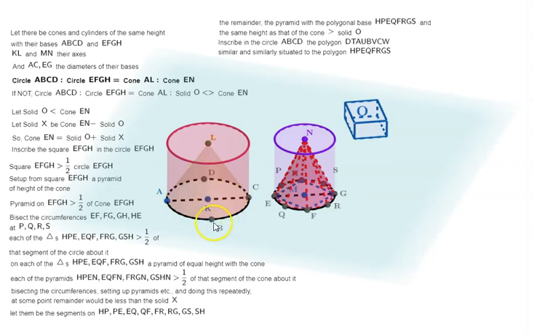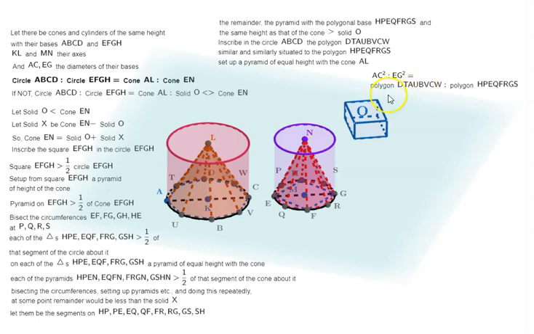Now inscribe in the circle ABCD the polygon similar and similarly situated to the polygon HPEQFRGS. So let's do that. And then we set up a pyramid of equal height with the cone AL on this polygonal base. In one of our previous propositions, we saw that polygons are to each other in the duplicate ratio of their diameters.